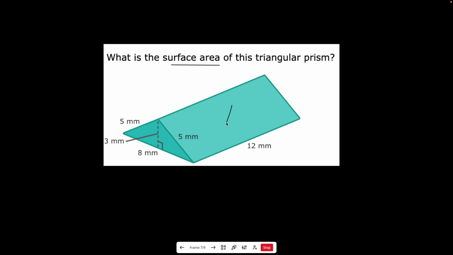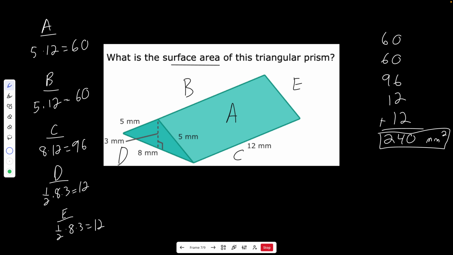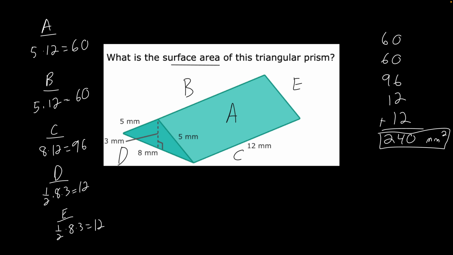This is obviously a rectangle, we'll call that A. And on the other side, there's also the same rectangle, which we'll call B. Then you also have a rectangle on the bottom of this triangular prism, so we'll call that C. And then we have a triangle on this left side, so let's call that triangle D, and also a triangle on the opposite side, triangle E. You have to be able to picture this, and now we just do the same process. Calculate the area for each one, add them all up. Here is all the work. When you total it, you should get 240.